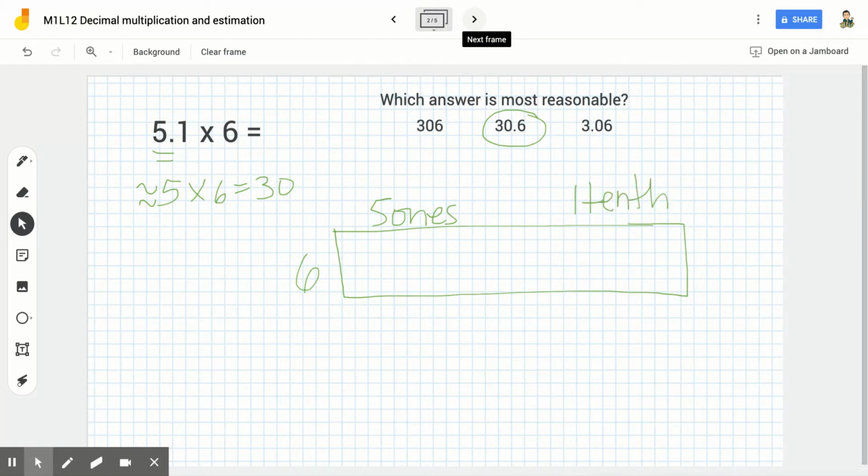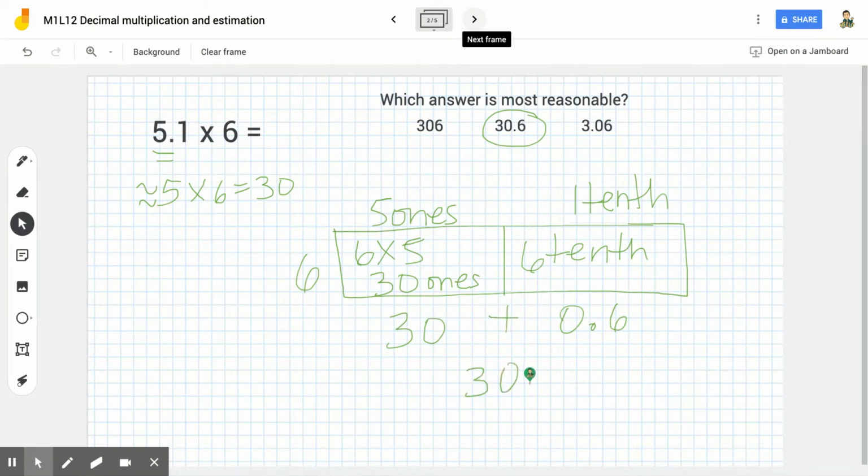So that will be 6 times 5, which would be 30 ones, and 6 times 1 would be 6/10, which is 0.6, and 30 ones is 30. Add them together, 30.6. And that is exactly what we had.